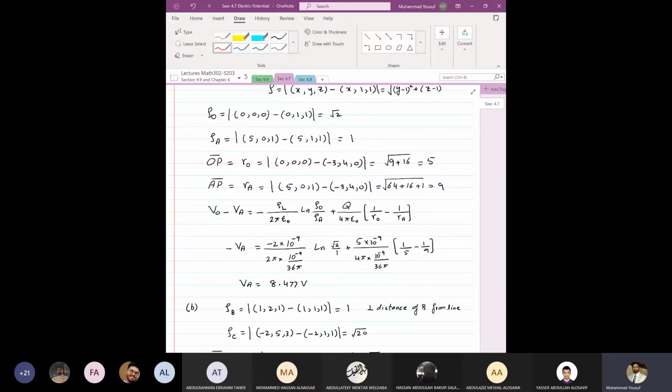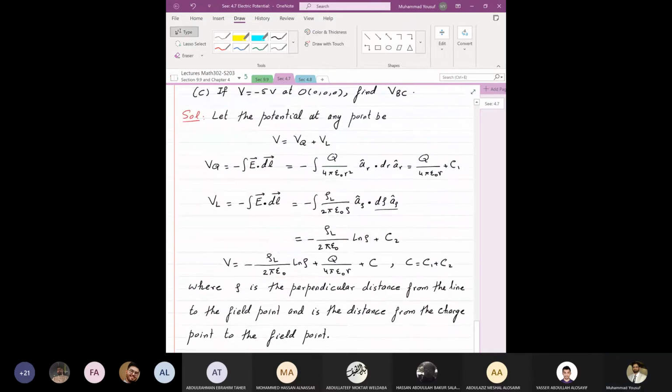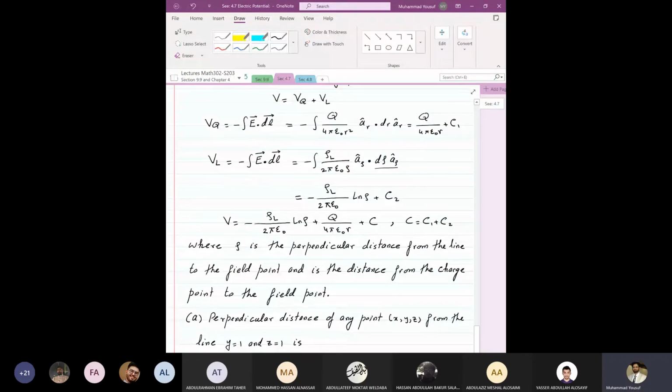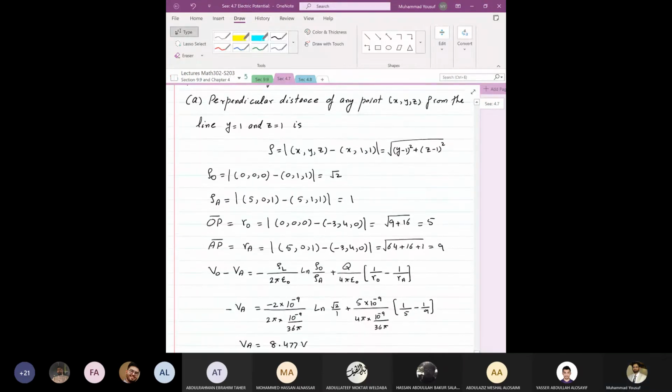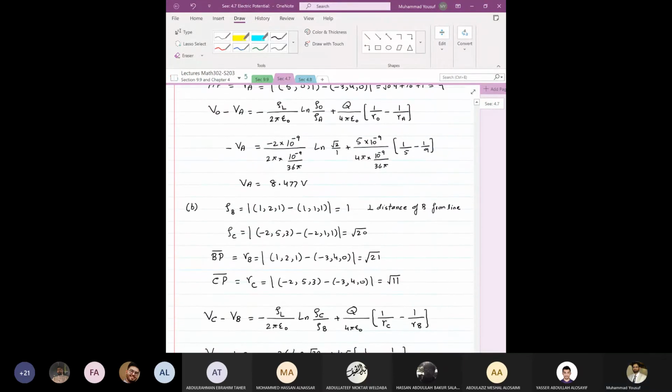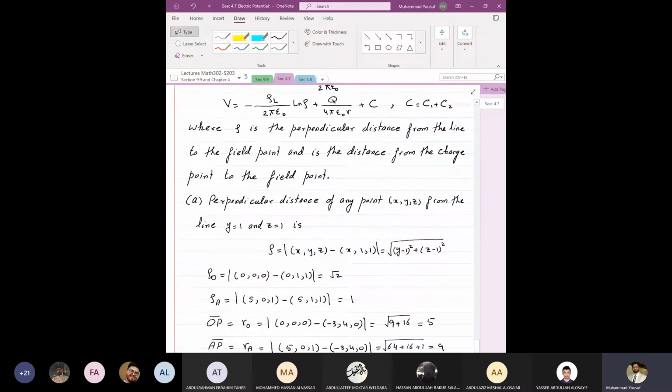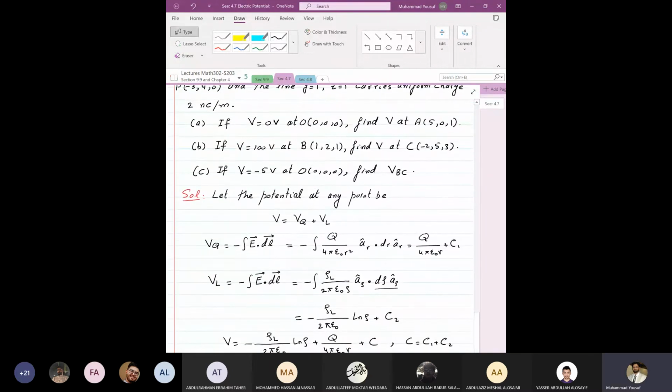Now next, part B. If anyone has any question, stop me. What is part B here? The potential at B, which is 1, 2, 1, is 100 volts; find the potential at C, which is negative 2, 5, 3.